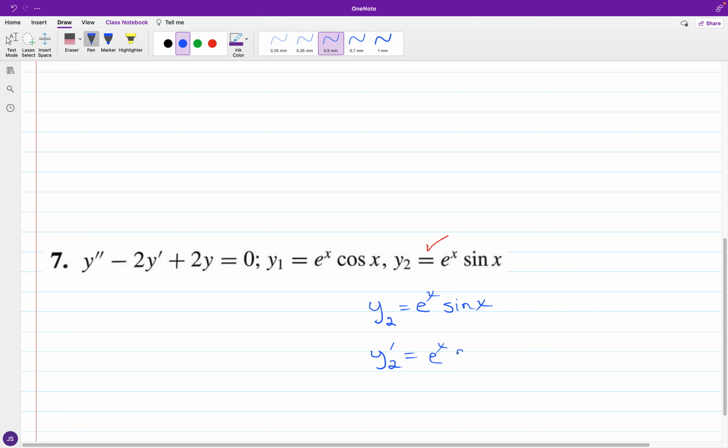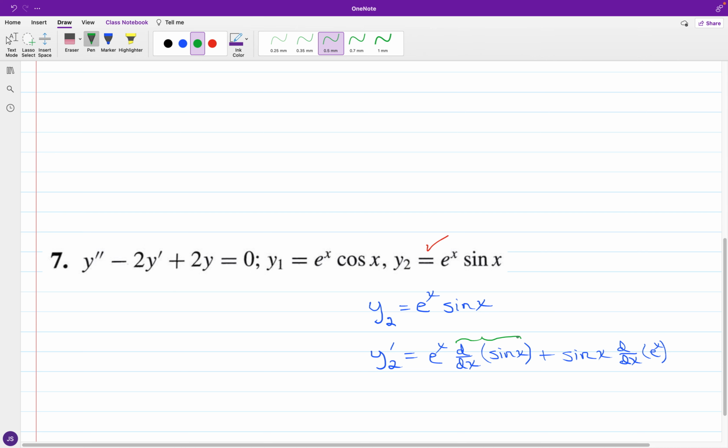We have e to the x times the derivative in x of the sine of x, plus the sine of x times the derivative in x of e to the x.